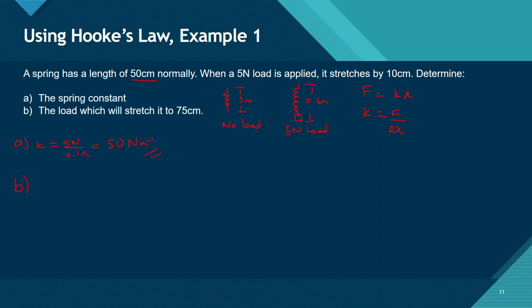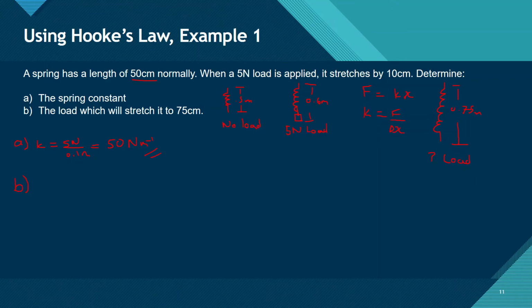For me, I have a new distance, so we need to start from a new baseline now. So B is really saying, we have a spring, we stretch it, and this distance is now 0.75 meters. What's the load?